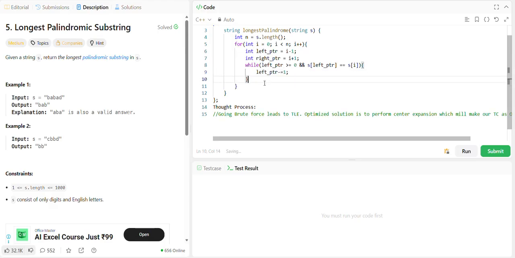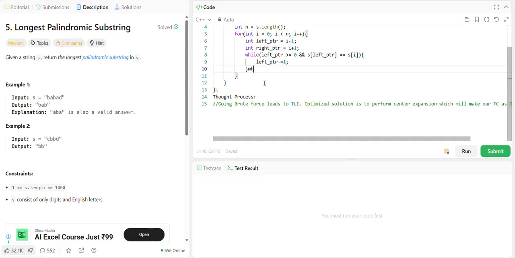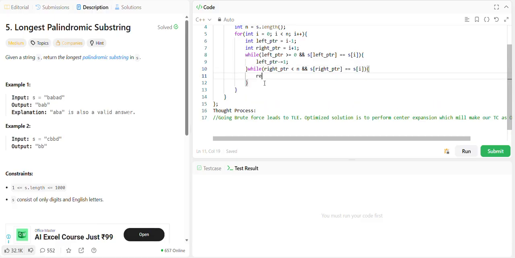And similarly for the right ptr, while right ptr is less than n and s of right ptr is equal to s of i, we will have right ptr plus equal to 1. So I think this will work out. We will move right ptr plus 1.